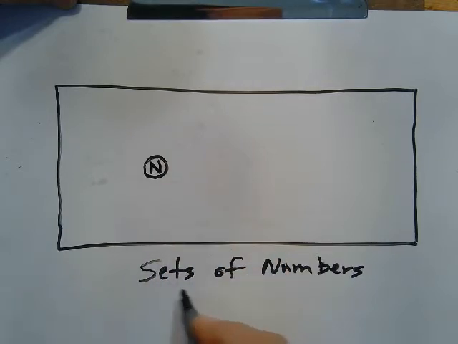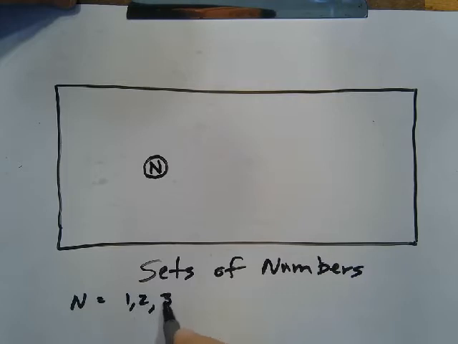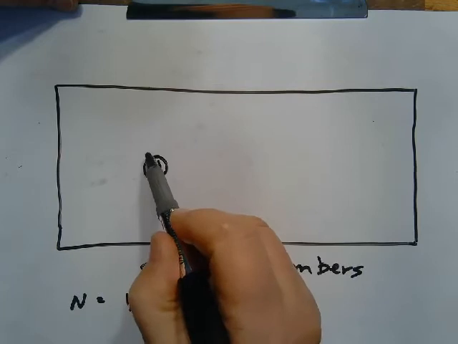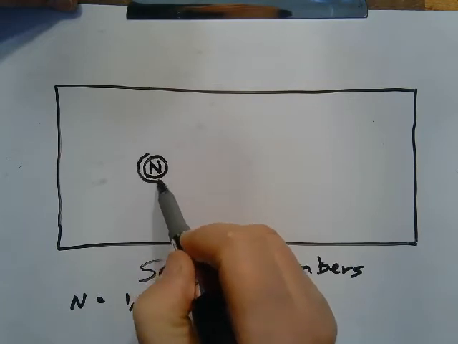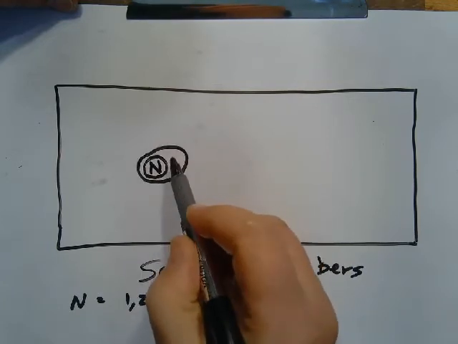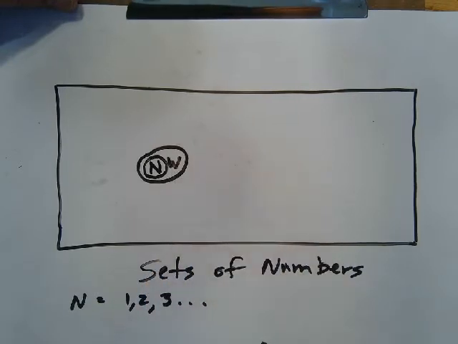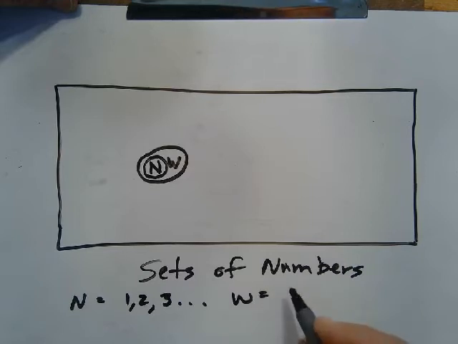1, 2, 3, you know. N is those numbers 1, 2, and 3, and so forth. And then shortly after that, somebody probably introduced you to the number 0. Well, 0 is the only addition that is made in the set of whole numbers. The set of whole numbers is 0, 1, 2, 3.